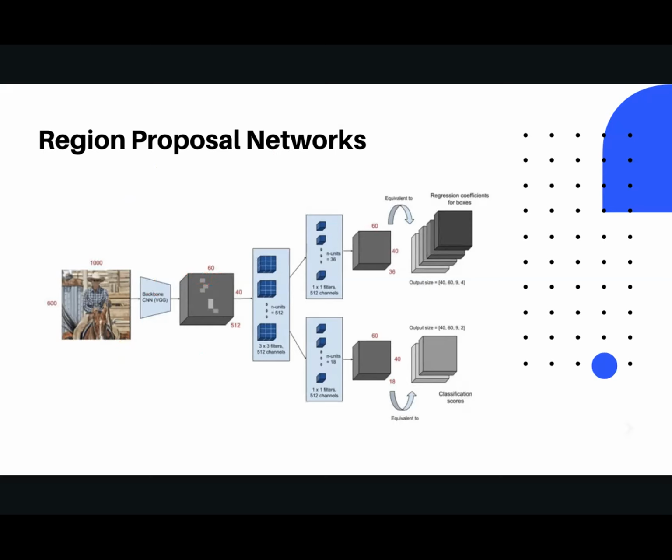Now, as we said, there are different shapes and sizes for the objects. So every time that we are sliding, we will not just be sliding one rectangle or one classifier, we will be sliding multiple. So let's look at these multiples. The first one is a simple square. And then the second one is a horizontal rectangle.